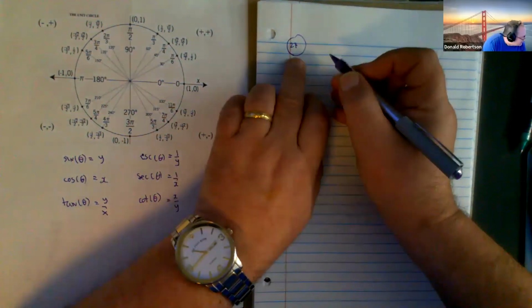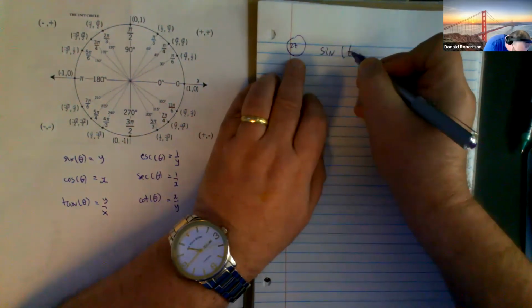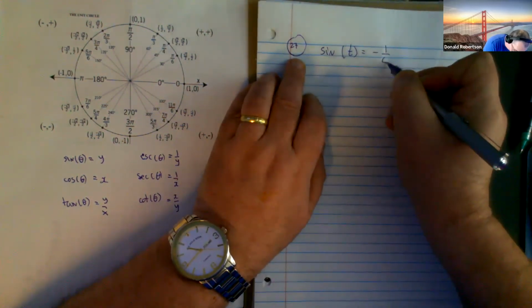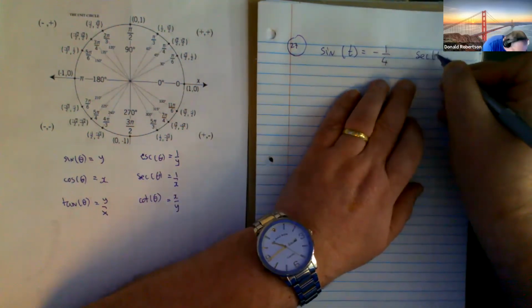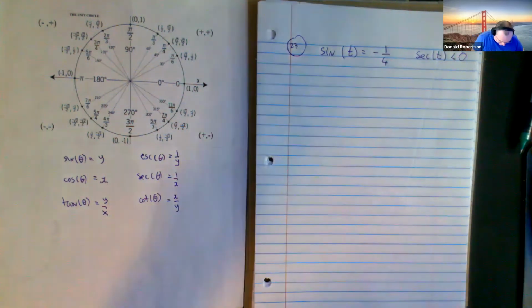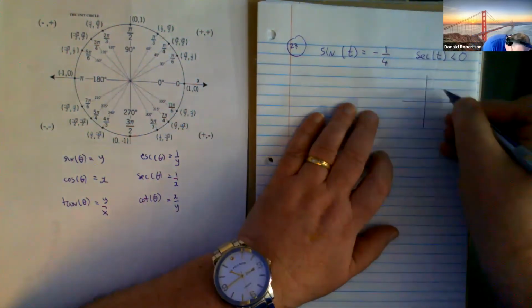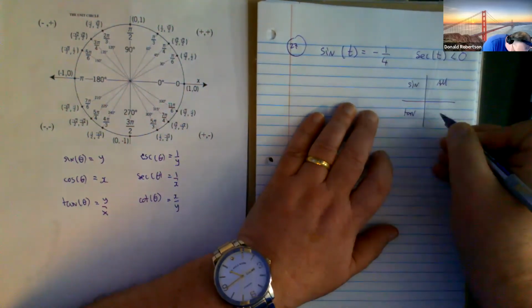Okay, right. So here we go. In question 27, you've got the sine of t is -1/4. And you're told that the secant of t is less than 0. And obviously we're going to find all 6 trig ratios. So here's my all sine, tan, cos thing.